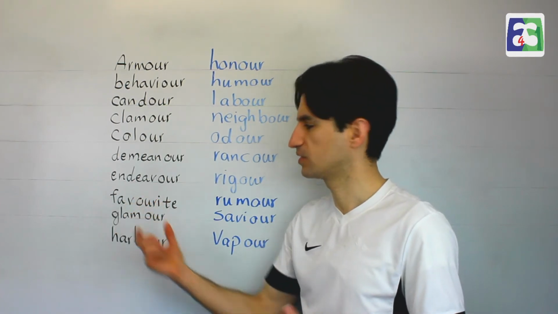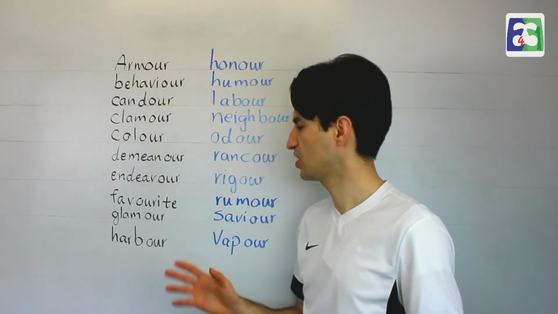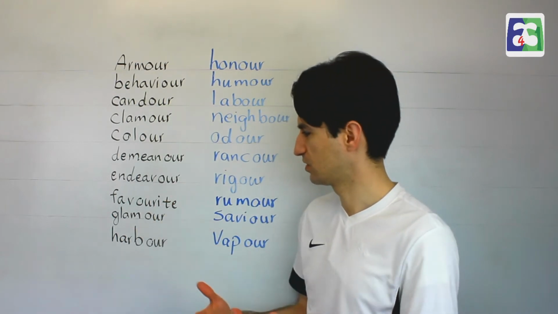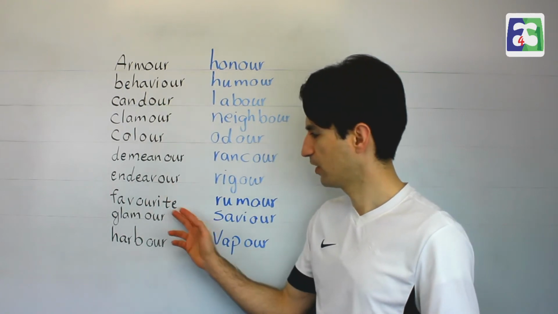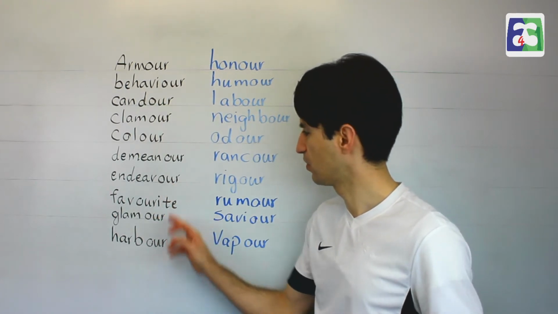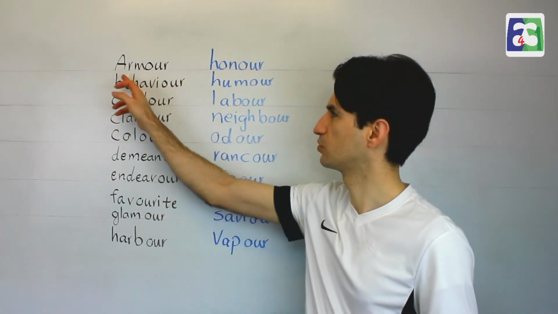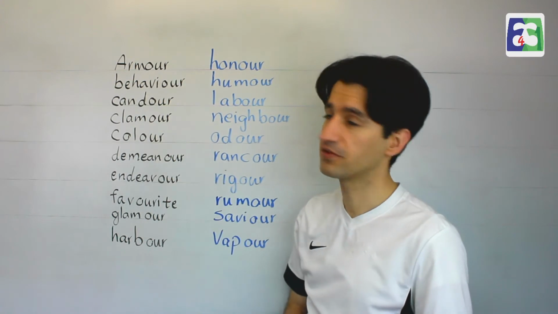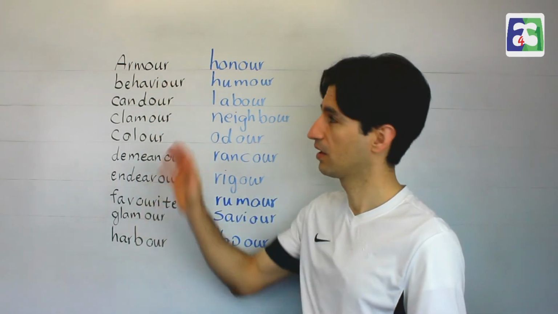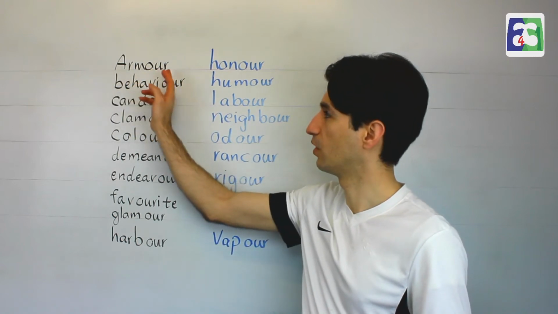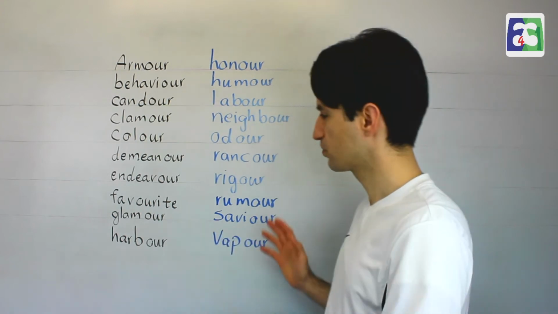So favor has been the first word, and we have added ITE, so we have changed it to an adjective. But other than that, you can see that they are all at the end of the word. Or if I change this one to armory, that's again the same thing. I have added a suffix, okay? But the same thing again over here, OUR British, OR American. So this was the first group.